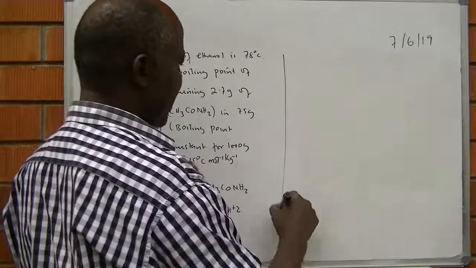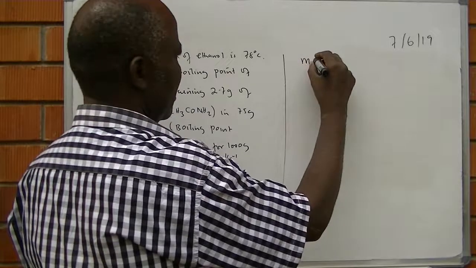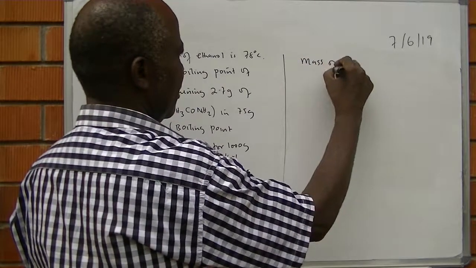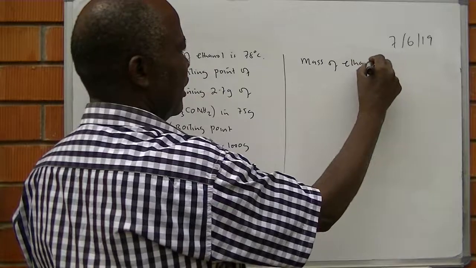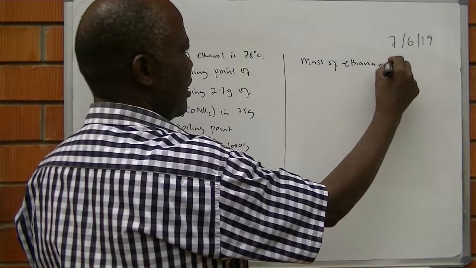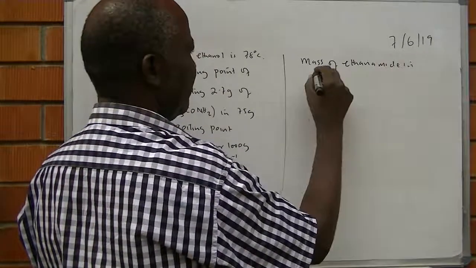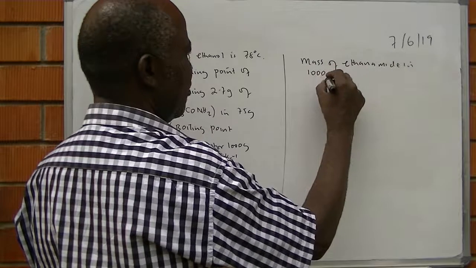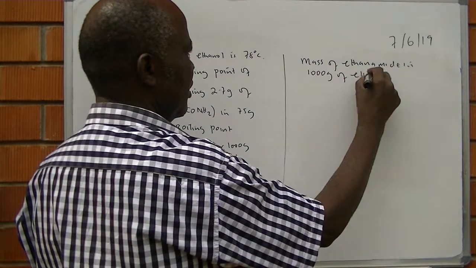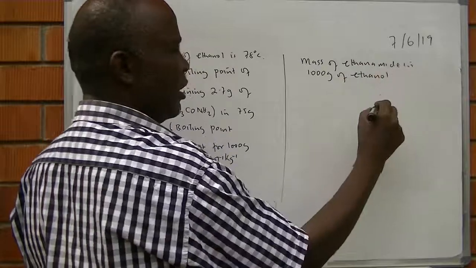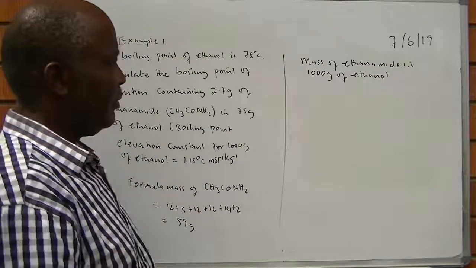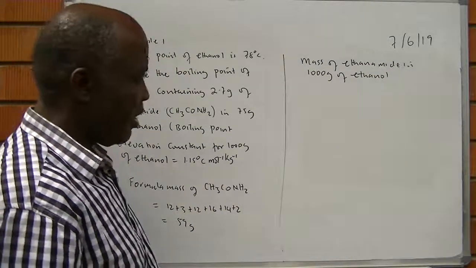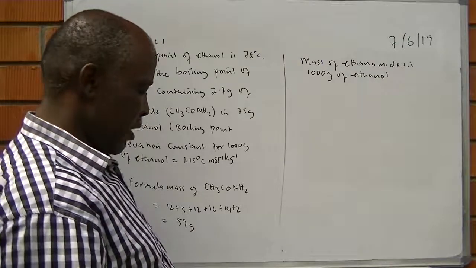Then we get the mass of ethanamide in 1000 grams of ethanol.